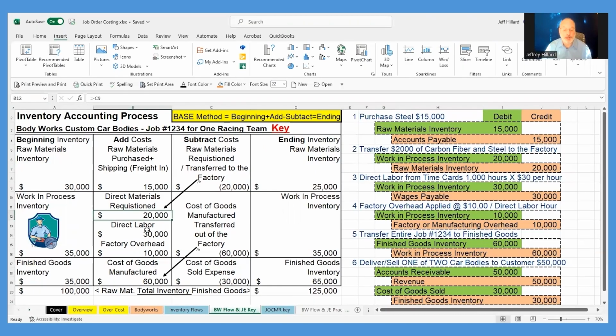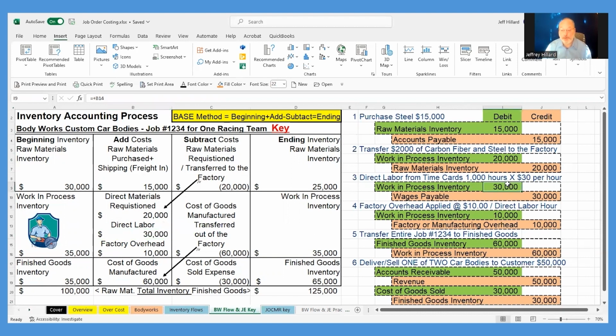The third transaction is our time ticket. We have direct labor of 1,000 hours times $30 an hour, which is $30,000 of time being spent on this job, making these two car bodies. So that would add to our work in process for this job.